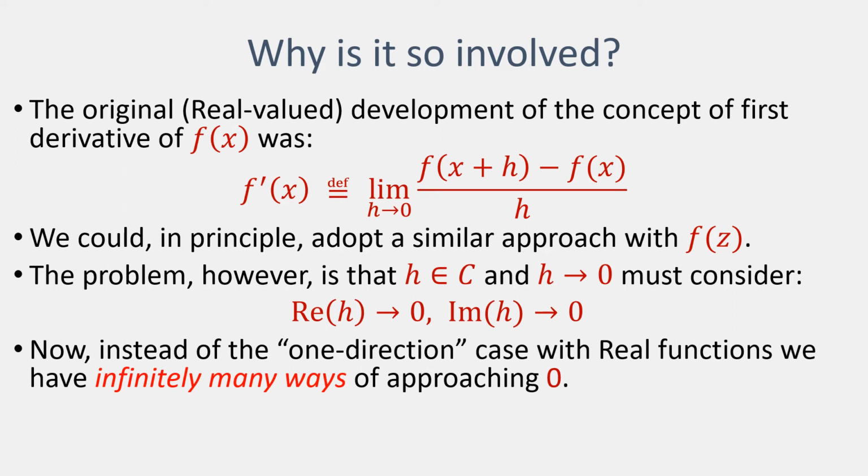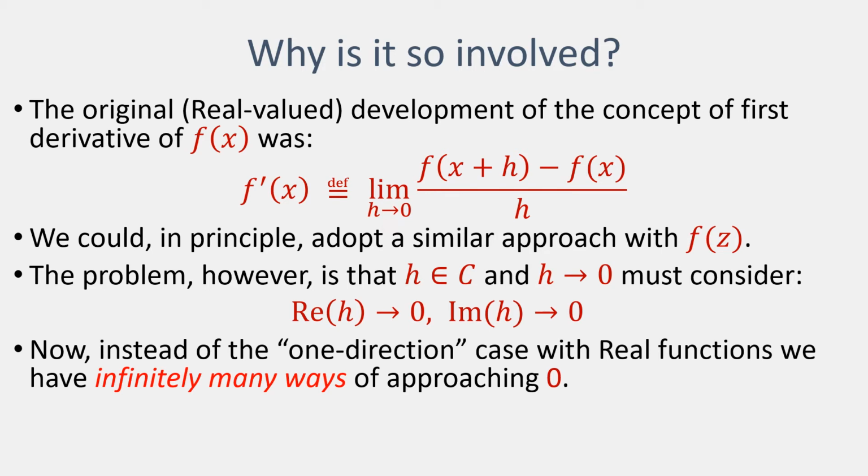Now, in our original case with real values, we really only have one direction in which this can be defined. It could be a negative number becoming larger or a positive number becoming smaller. But effectively, we only have one way in which our value can approach zero in the real case.